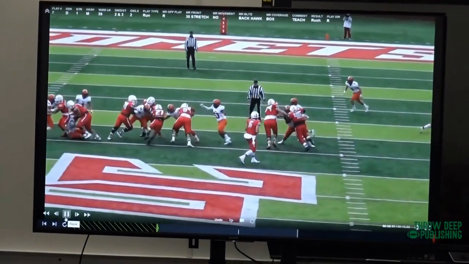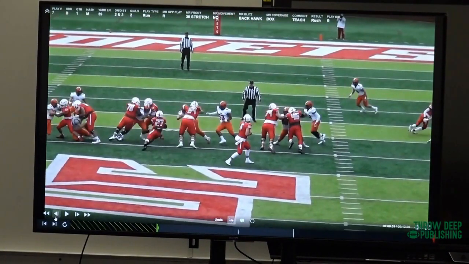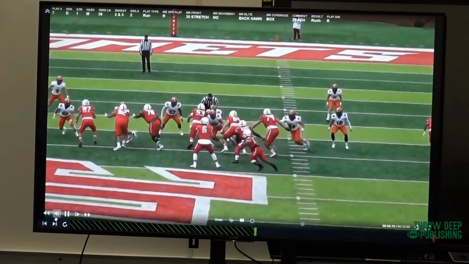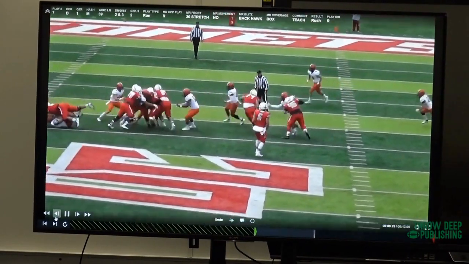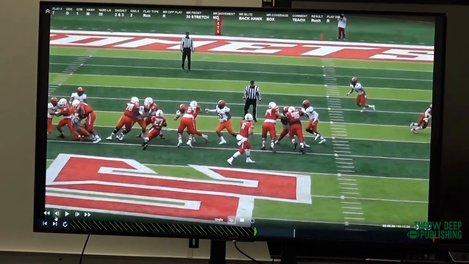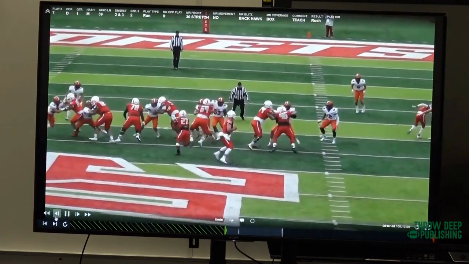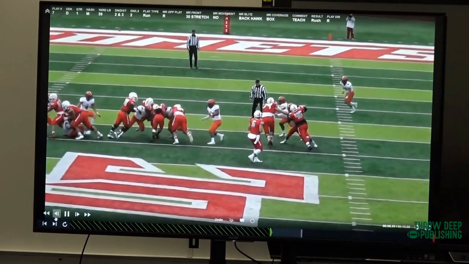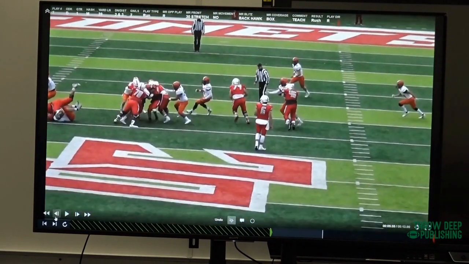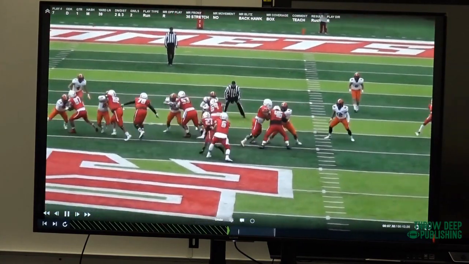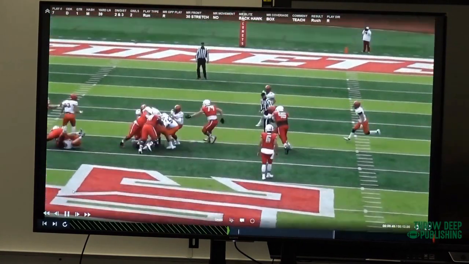So across. So now the nose fits in that A gap, and that backer is in the other A gap. And again, even though the back's going that way, the ball's going that way, it's really not a threat. But anyway, we do have somebody that can help us out here in this B gap if necessary.